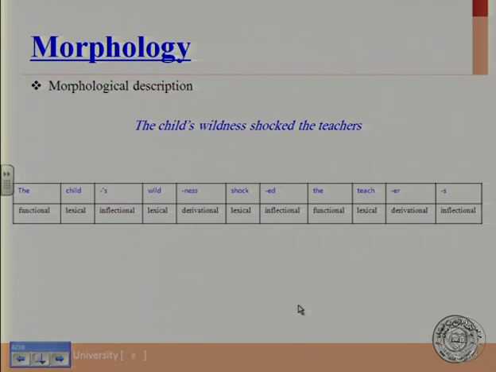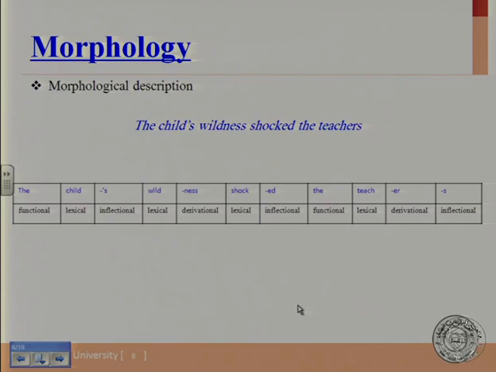How do we describe a sentence? Now, a sentence like, the child's wildness shocked the teachers. We need to describe each part of this sentence.